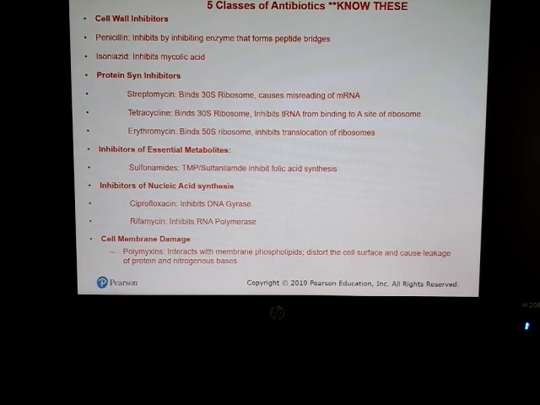For cell membrane damage, polymyxin. That will interact with membrane phospholipids, which distorts the cell surface, and it will cause leakage of protein and nitrogenous bases from the microbe.